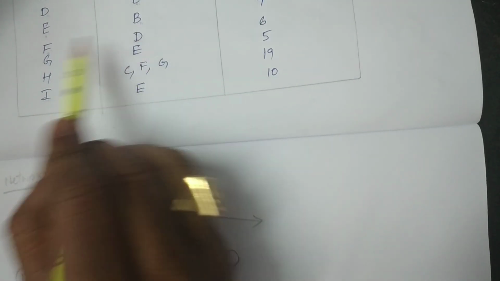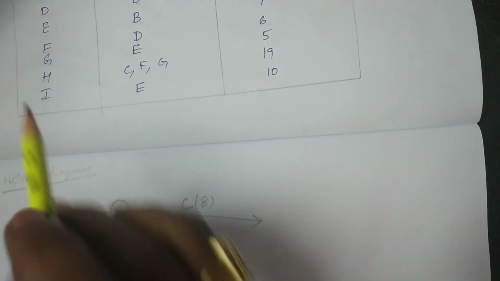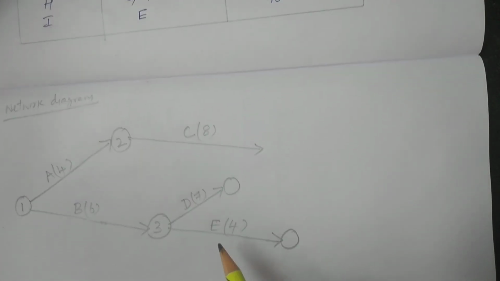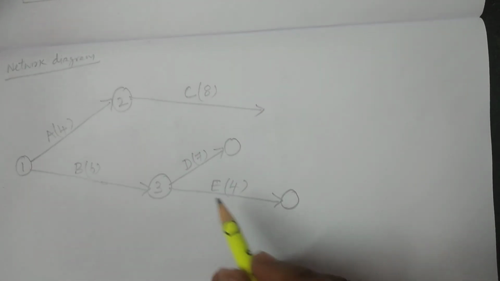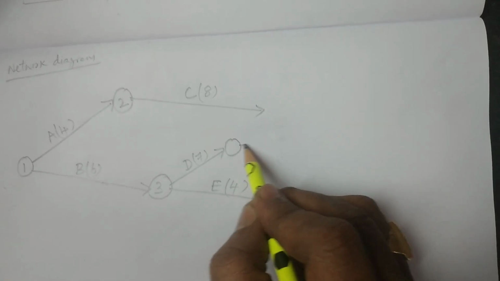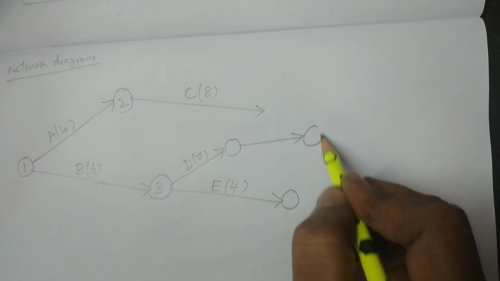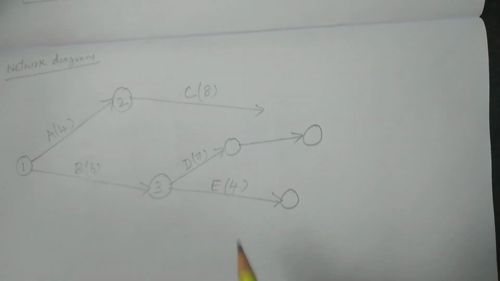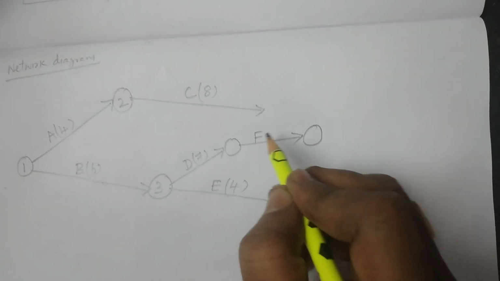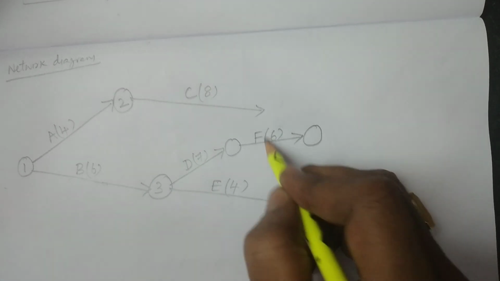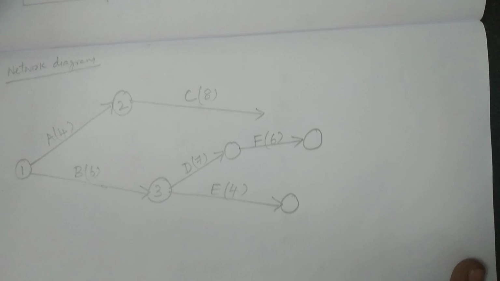D should be finished before starting F. So after D we have another activity called F, and therefore I'm constructing F here. I give you the numbers, and this is the activity F. The time duration for F is 6 months.